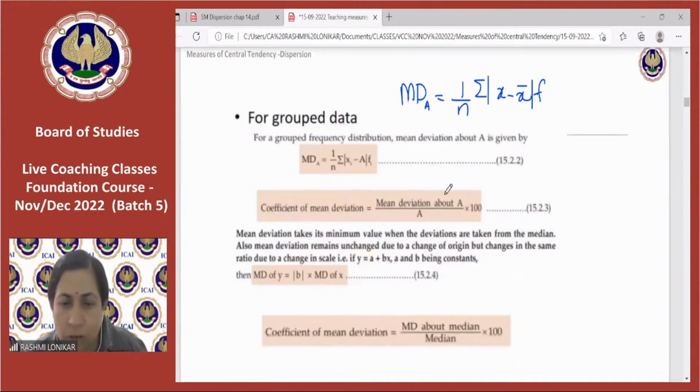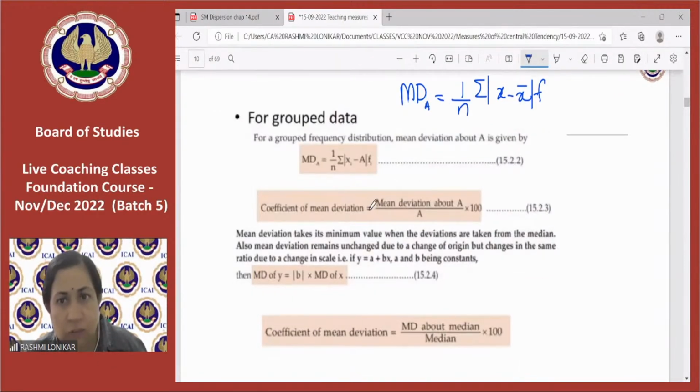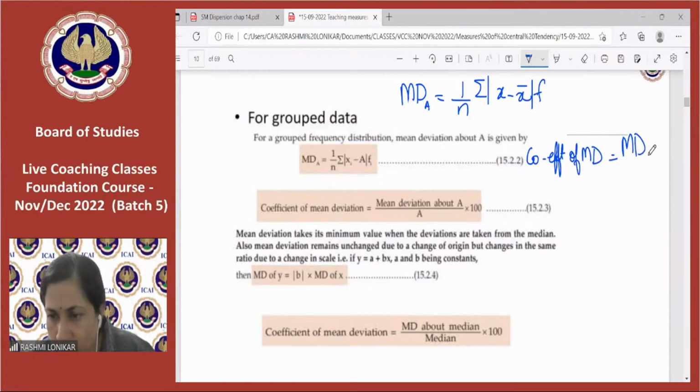Now what will be the relative measure of dispersion in this case? The coefficient of mean deviation. Coefficient of mean deviation will be equal to mean deviation about the mean upon the mean into 100.